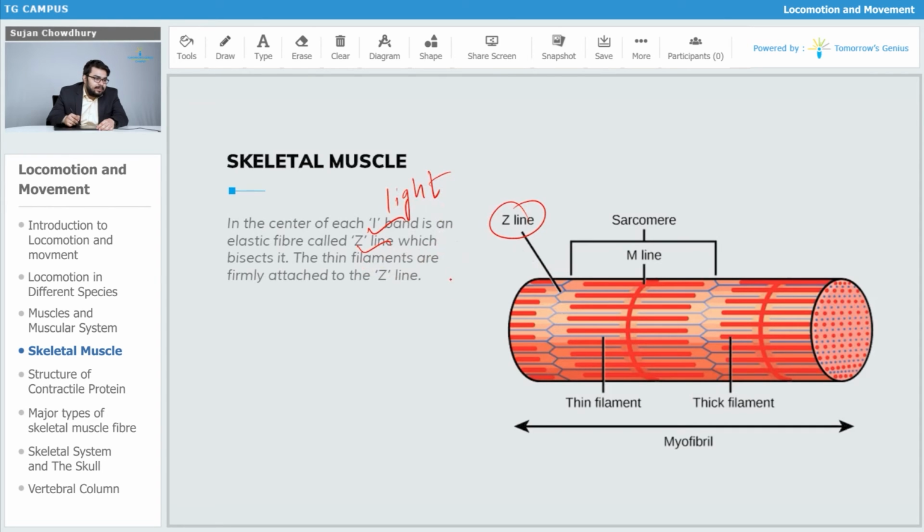The thin filaments are firmly attached to the Z line. That is how we can observe the structure of the Z line when we observe the ultramicroscopic detail of a myofibril.